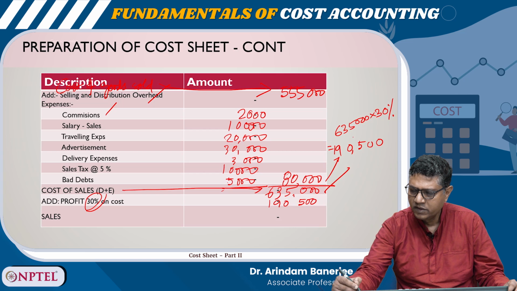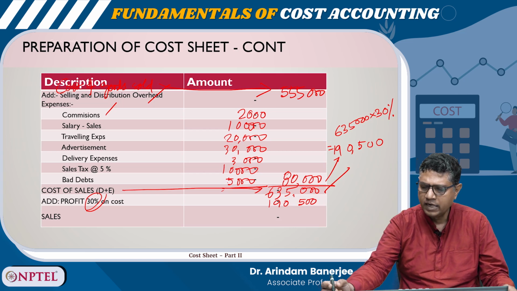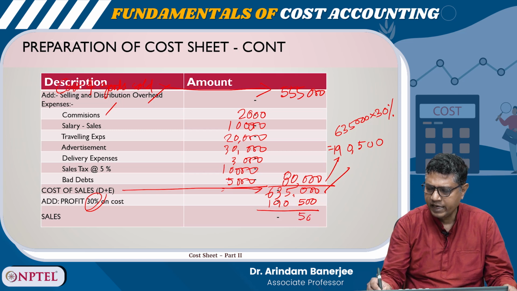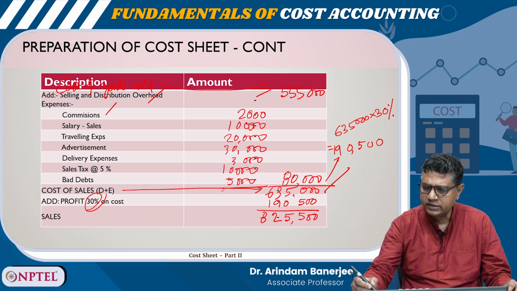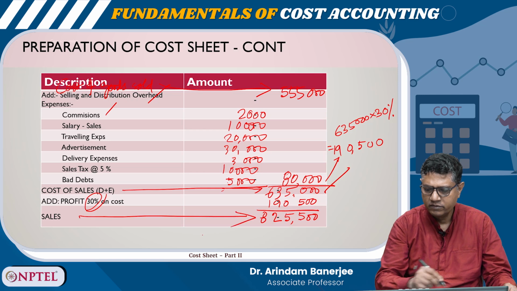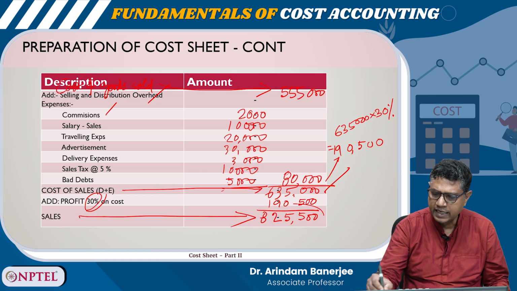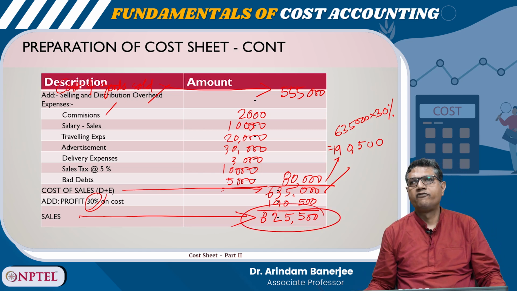If you add this, then it will be 825,500. Let's check the addition again. 825,500, fine. So, this is my sales value.